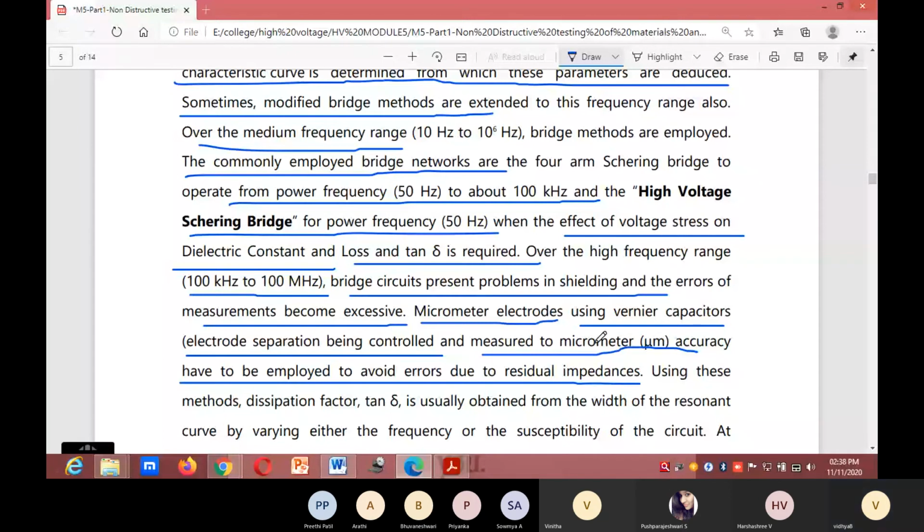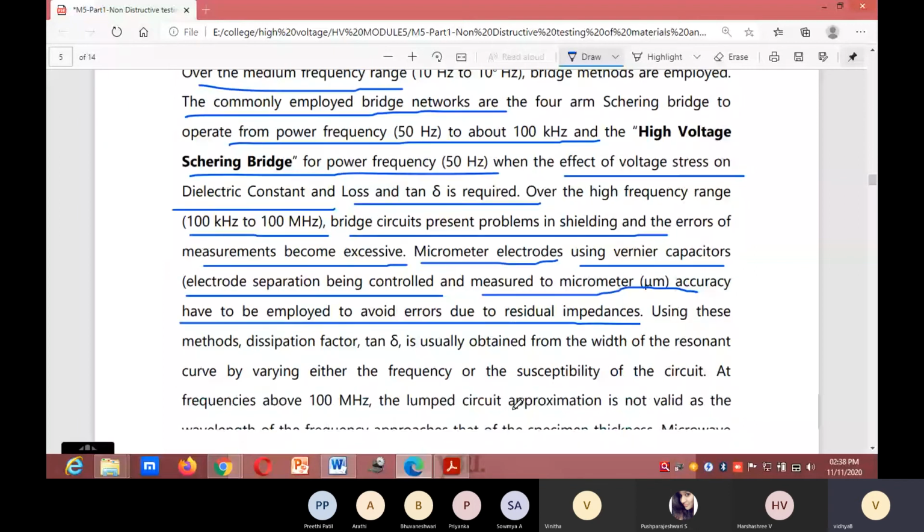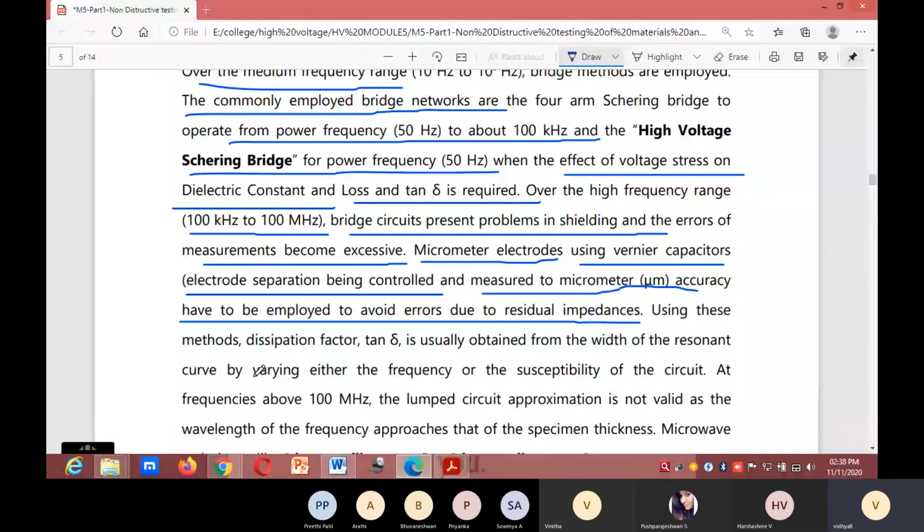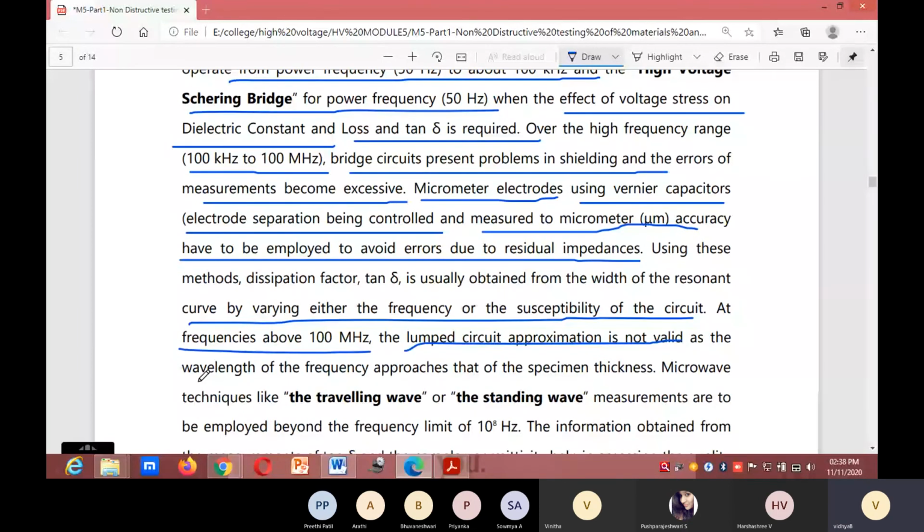Using these methods, the dissipation factor tan delta is usually obtained from the width of the resonant curve by varying either the frequency or the susceptance of the circuit. At frequencies above 100 MHz, the lumped circuit approximation is not valid, as the wavelength approaches the specimen thickness.